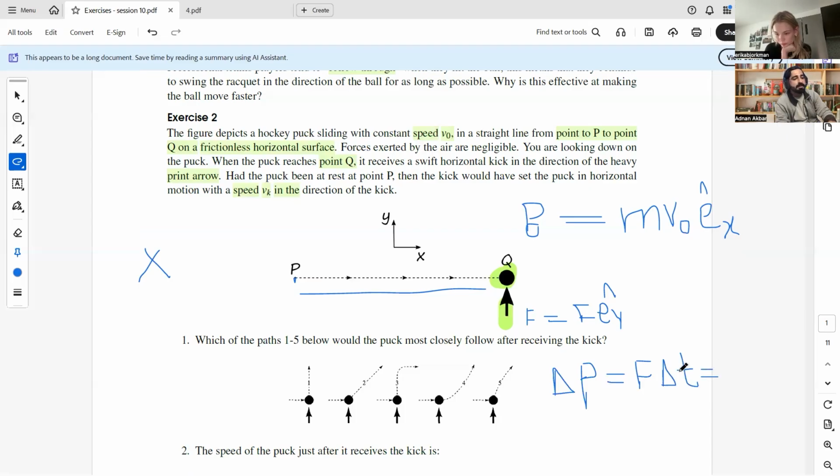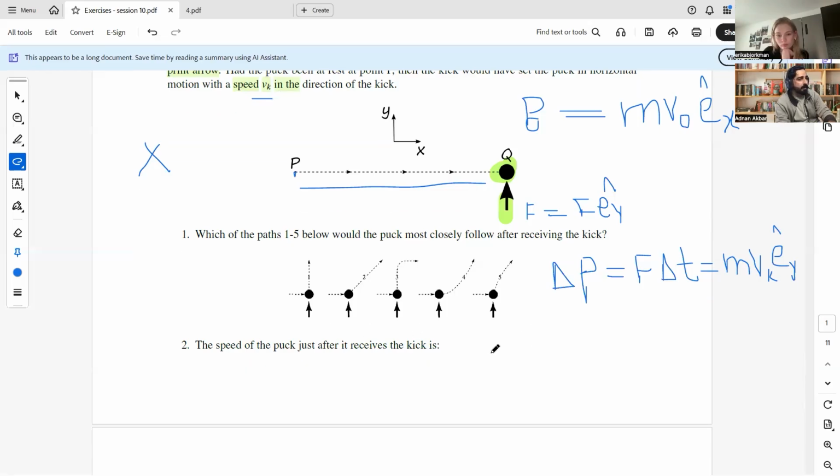And as the momentum is changed after the hit, momentum has become m times the velocity. The mass of the puck is the same, just the velocity is changed, as he is saying, that is Vk. So we are representing it as Vk as it is traveling perpendicular to the initial direction, for which we are giving the vertical axis unit vector e y.